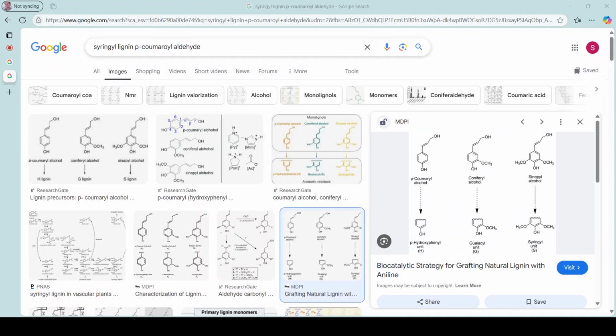So we can see the biosynthesis pathway for all the different lignins.